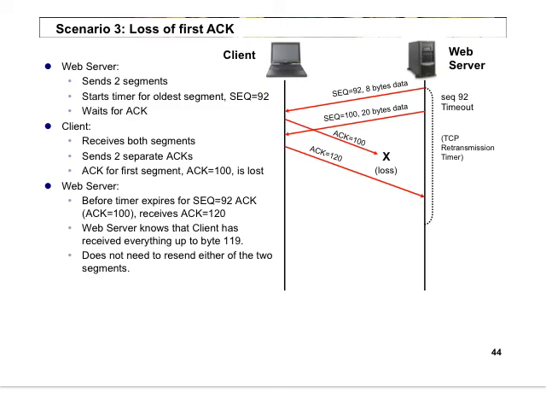It will continue sending other segments. Starting from here, it will slide the window for how many segments? For 2 segments, bravo. So the server here will slide the window for 2 segments, which means that starting from here, it will send another segment with sequence number 100 plus 20.